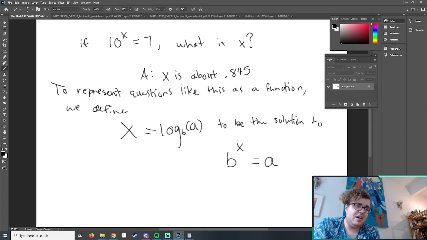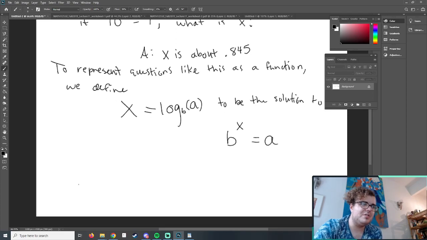And the log has a base, which represents some number that's being raised to a power, and it has an argument that you plug into it, just like sine and cosine or other functions have arguments that you plug in parentheses. So this is not multiplication. This parentheses a is function notation. And we define the logarithm base b of a to be the power you would raise b to get a. So I'm going to write that down because that's important.